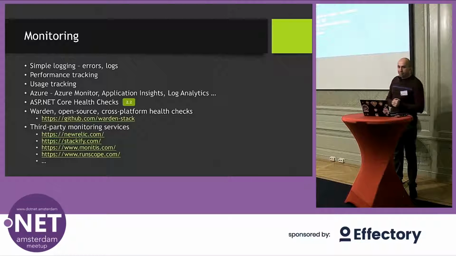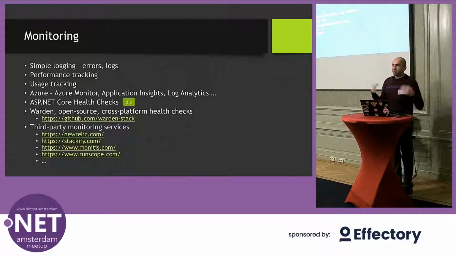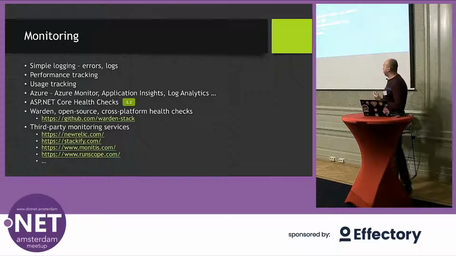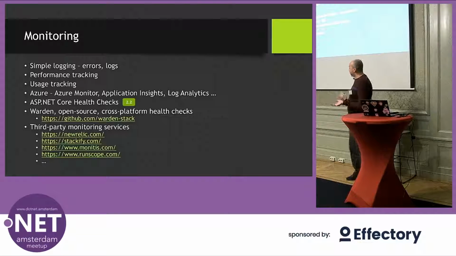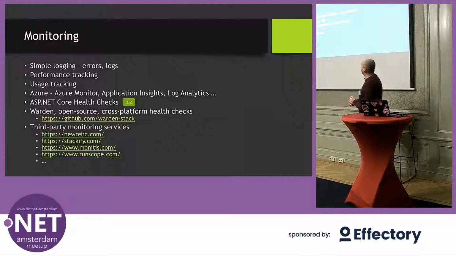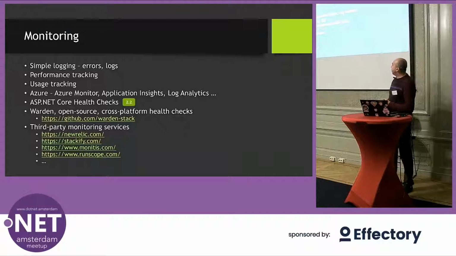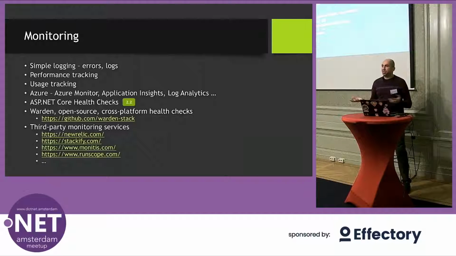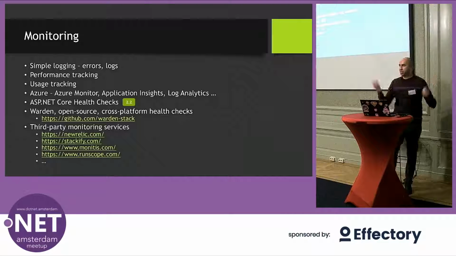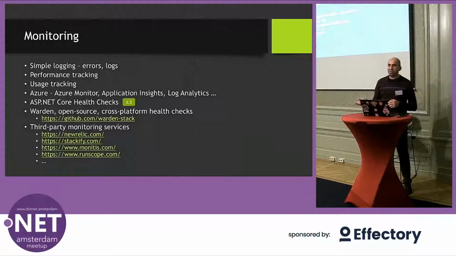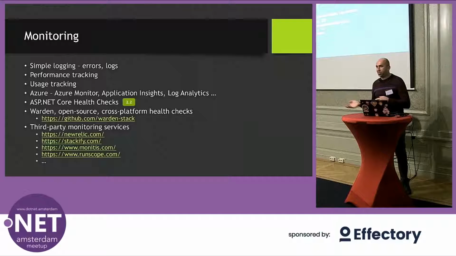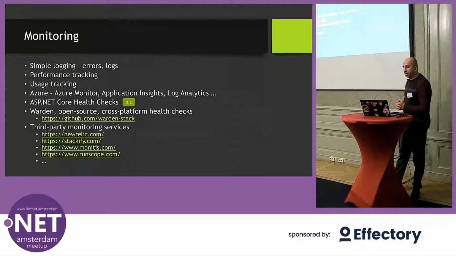And at the end, we'll probably want to implement some kind of monitoring to track how your API is behaving, how your users, your clients, are behaving. That can be simple logging, so you just log some information, errors in files, a database, some third-party service, something like that.